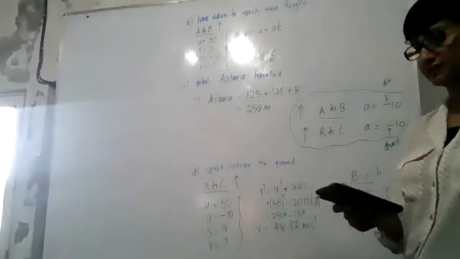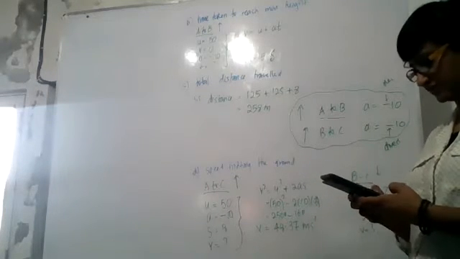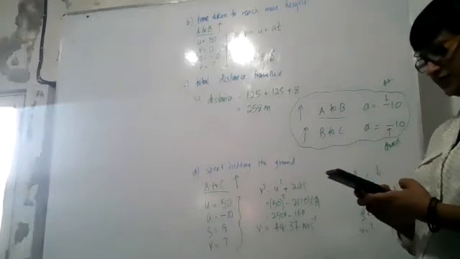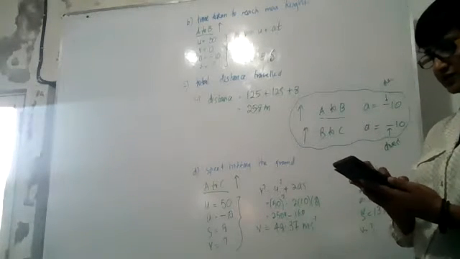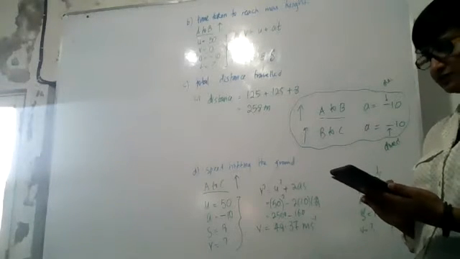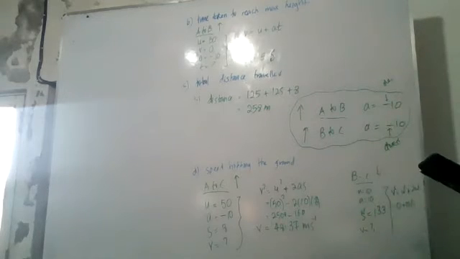What did you get, Marit? I got 48. 2500 minus 160, 2340, and square root of that. 48 is what you get. So what did you get?